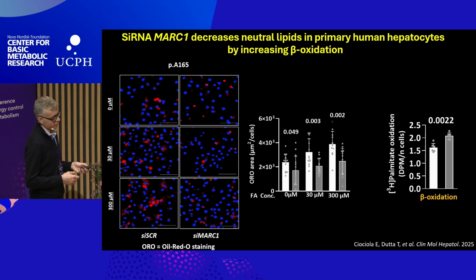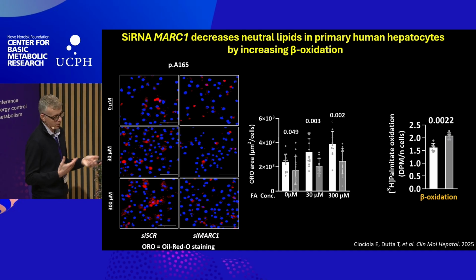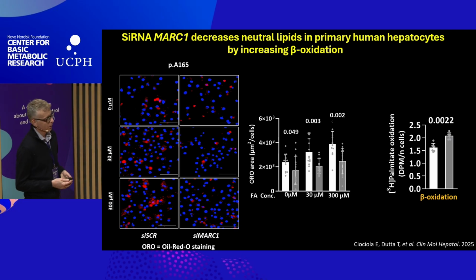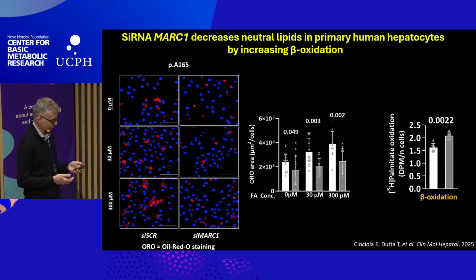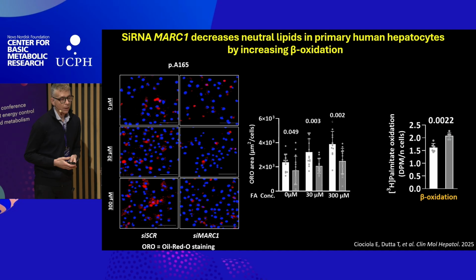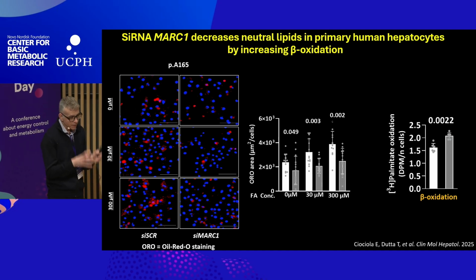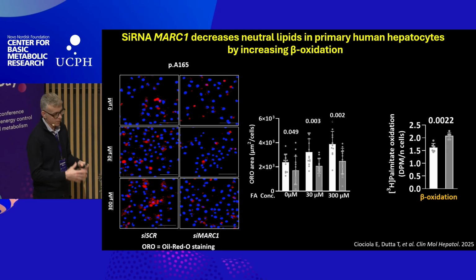And there are also two or three companies with MARC1 siRNA and ASO trying to target fatty liver using this mechanism. And this is interesting because the first drug approved for MASH, I think it's been alluded to before, is a thyroid hormone agonist that increases beta oxidation specifically in the hepatocytes and reduces liver fat.